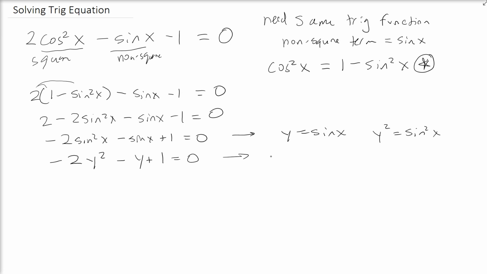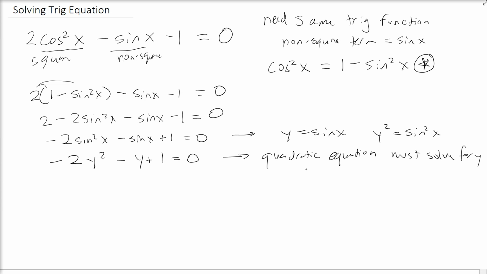And this is a quadratic equation where we're trying to solve for y. So the first thing I'm going to do is factor out a negative. It's best to just try to factor that out first, and it'll make things easier to factor. Now we're trying to look for two terms that multiply to 2y squared plus y minus 1.